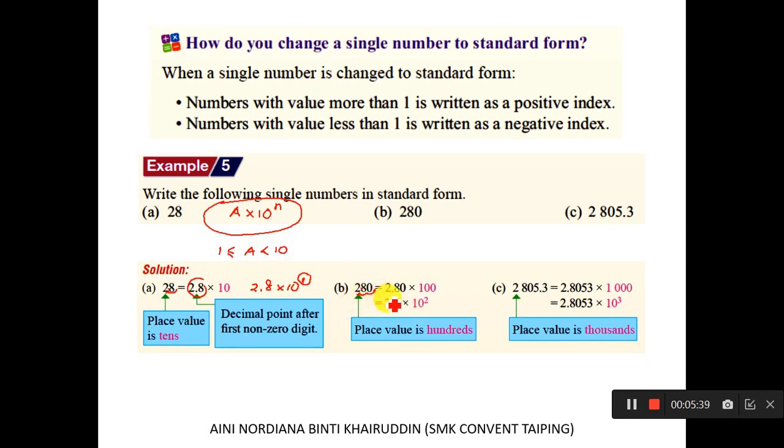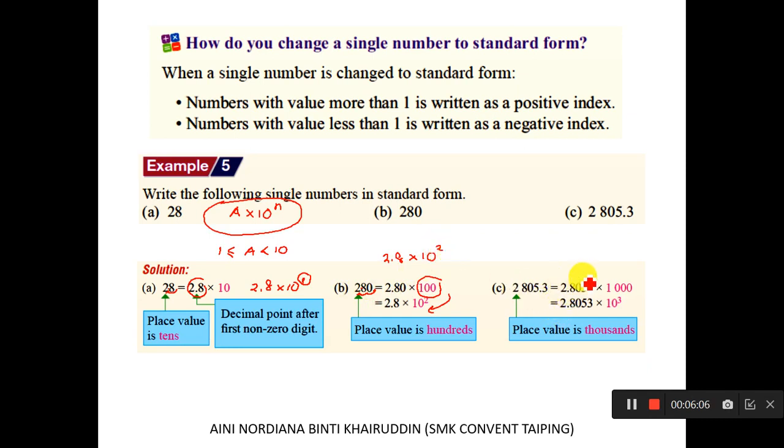So 2.8 times 100. 100 is actually 10 to the power of 2. Or you can skip this step. You just write the answer 2.8 times 10 to the power of, you move 2 times, so to the power of 2.